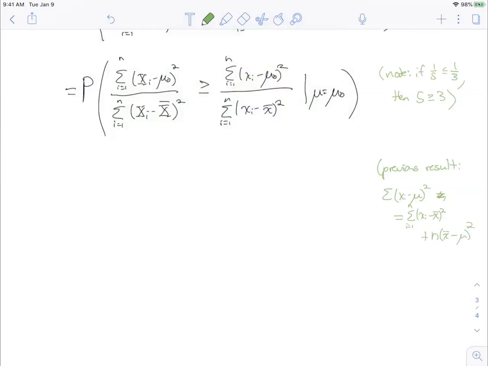So this is just some algebra. It would take 5 minutes, and we did it about 2 months ago. So I don't want to do it again, but I want to use this result.